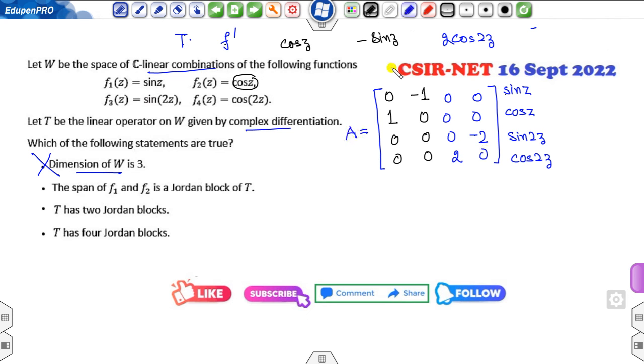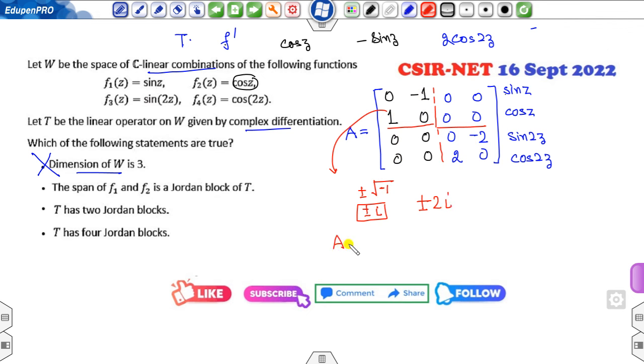Now, how can you define the blocks? For the blocks you need to find the eigenvalues. What is the eigenvalue of this block? Plus or minus iota. What are the eigenvalues of the other block? Plus or minus 2 iota.